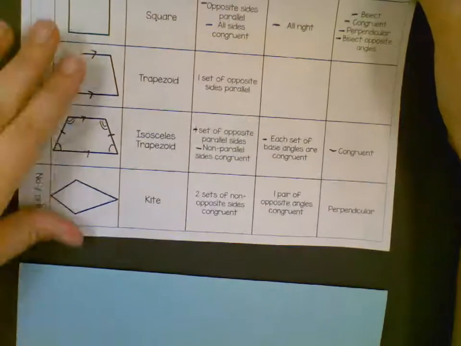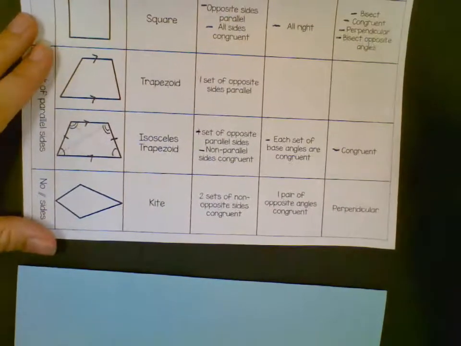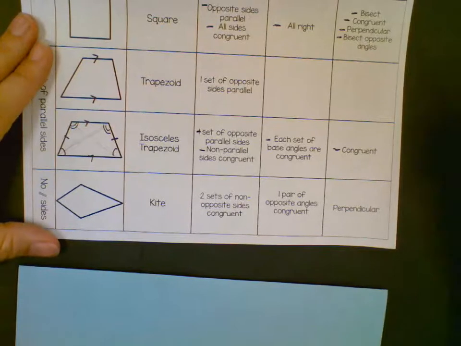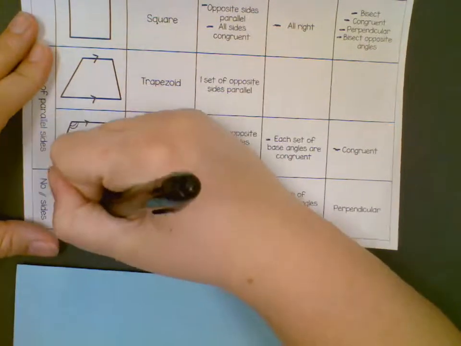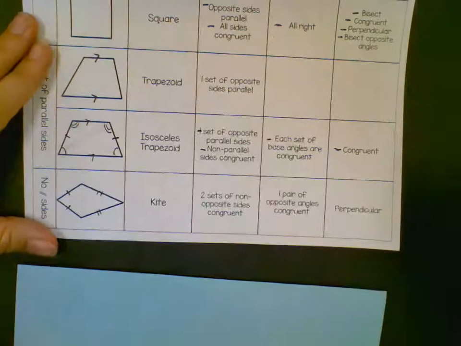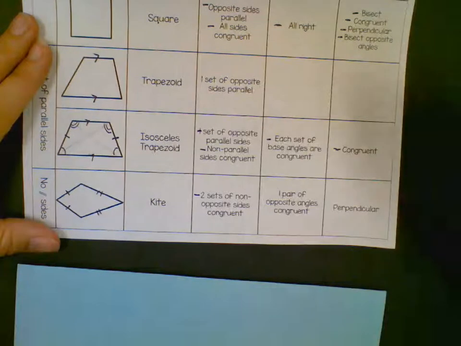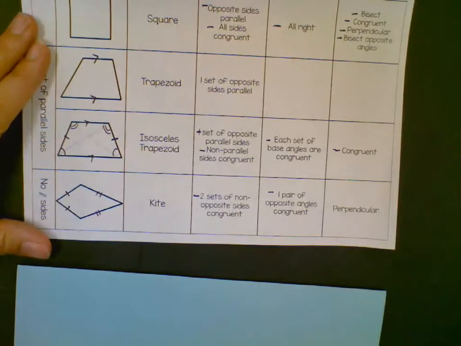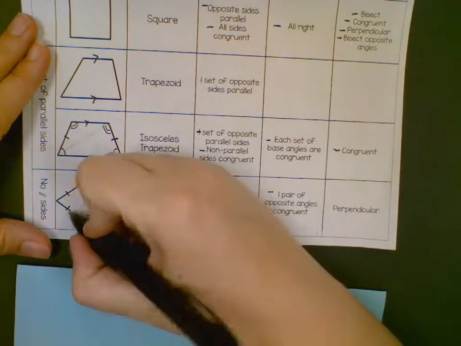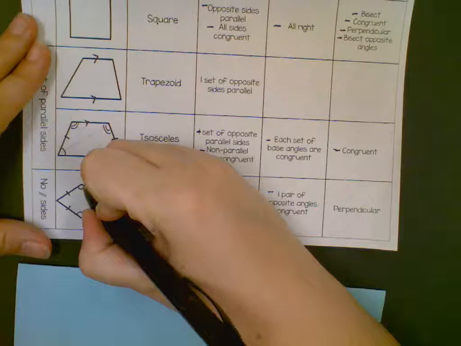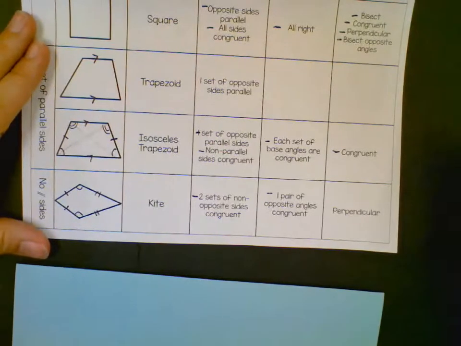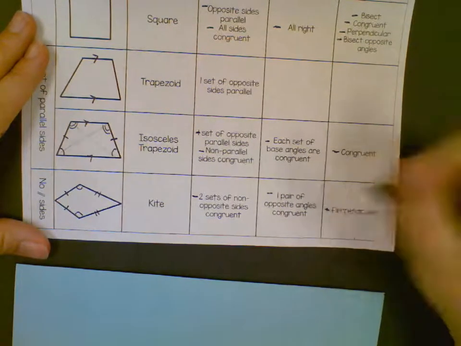Okay, so our last shape is our kite. So remember the definition of a kite was that it had two sets of non-adjacent sides congruent. Okay, we have one pair of opposite angles congruent. So that would be these ones that are in between. And then the diagonals are perpendicular.